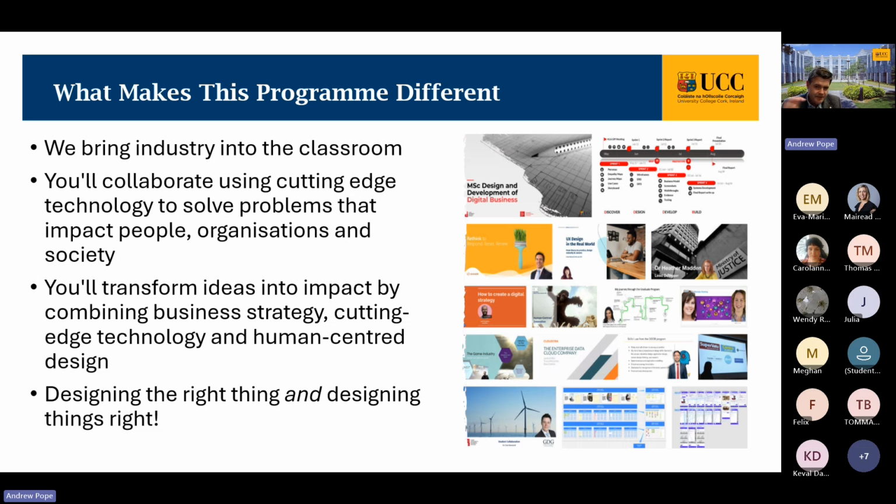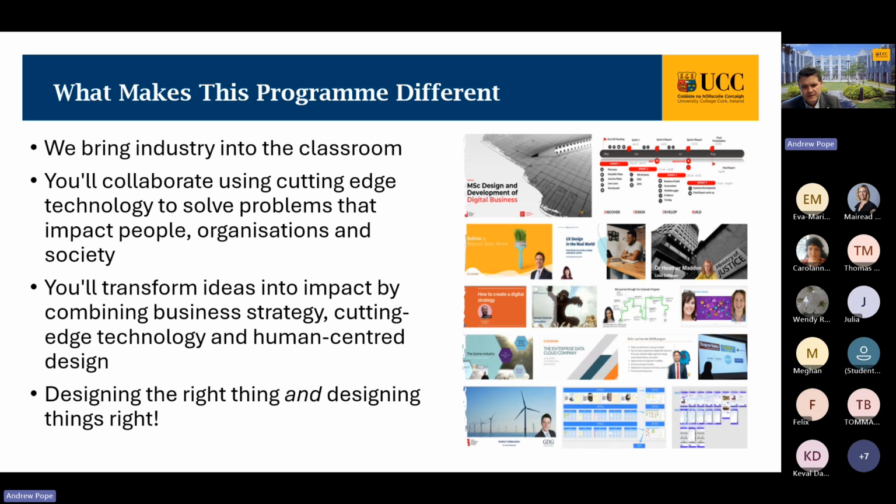So we're giving you a window into what it's like to be working in industry, how you'll apply your skills, giving students a sneak peek at the types of challenges that people are going to be facing in the future. And I suppose most importantly, by exposing students to these kind of problems and giving them the skills then to solve those problems, we're creating new types of roles and opportunities for the students.